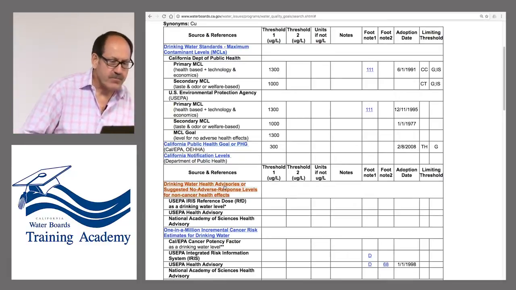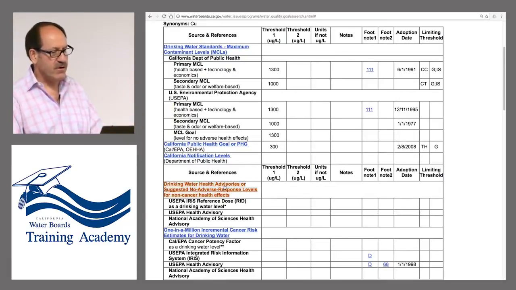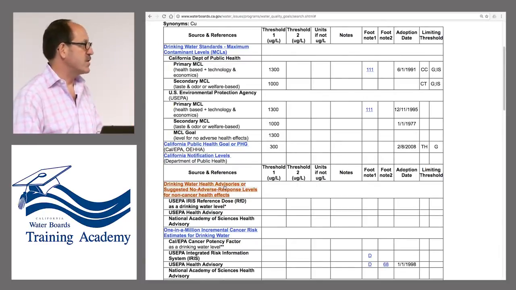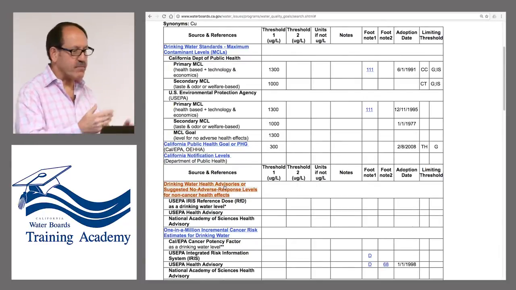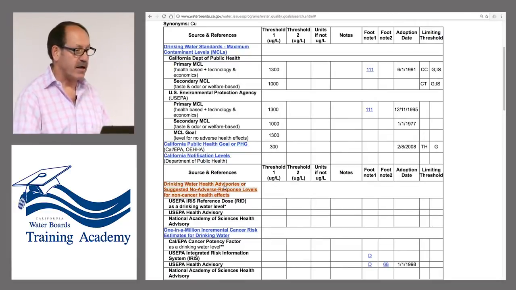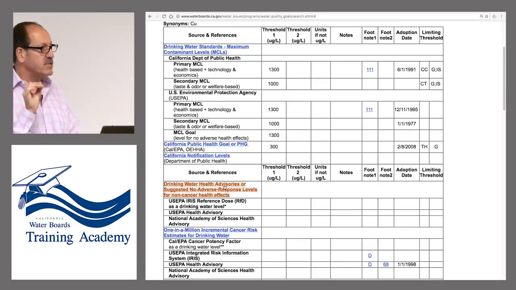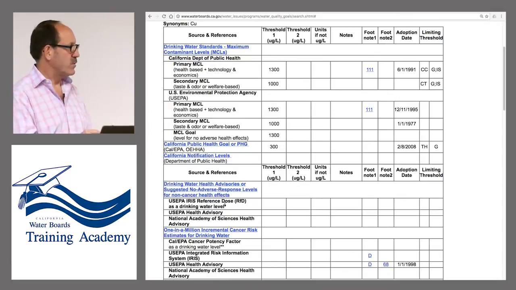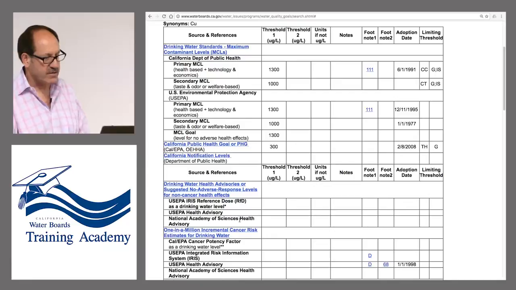I'm assuming if there is no footnote, then there. If there is no footnote, then I don't have any additional thing to say other than what the numbers are. And you can find out more about those, where they come from and how they're derived by clicking on one of the topic links. So if there's something specific about that threshold that's different than normal, then I'll throw a footnote in. Good question. Thanks for asking.